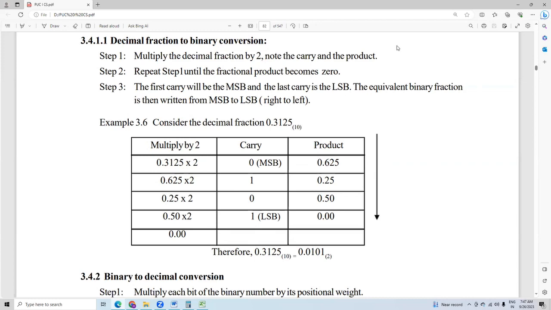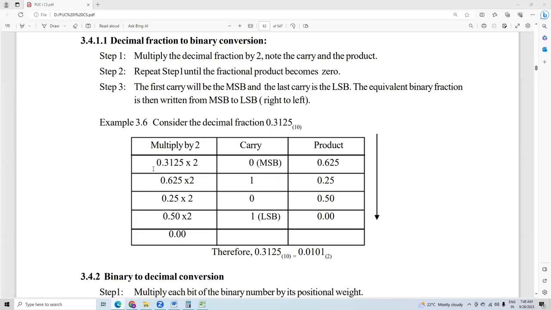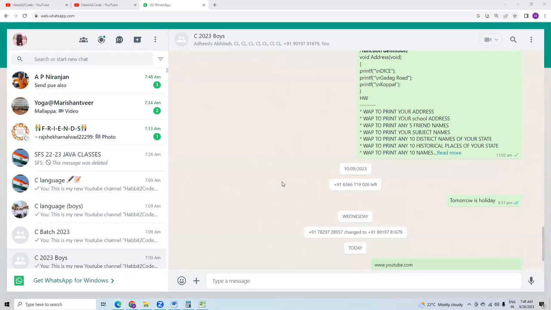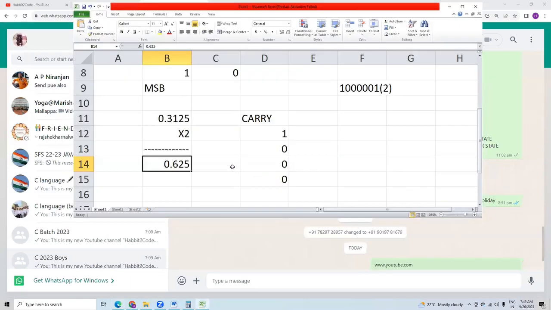So 0.3125 multiplied by 2 and you have to record the carry. Here, 2 5s are 10.